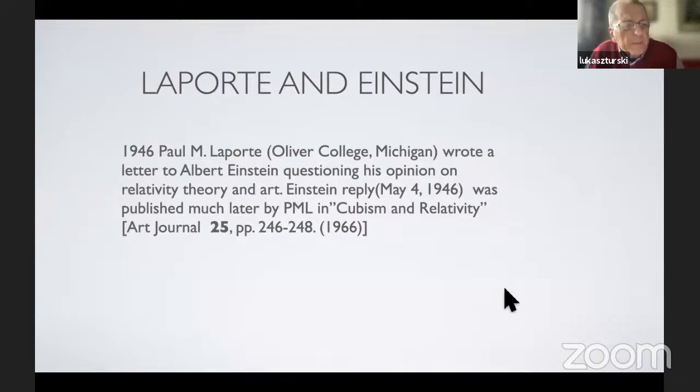And the story is hardly known, so I would like to mention it for you. In 1946, a painter, Paul Laporte, who was teaching art in one of the colleges in Michigan, Olivet College, wrote a letter to Albert Einstein asking for his opinion about the relativity theory and art.